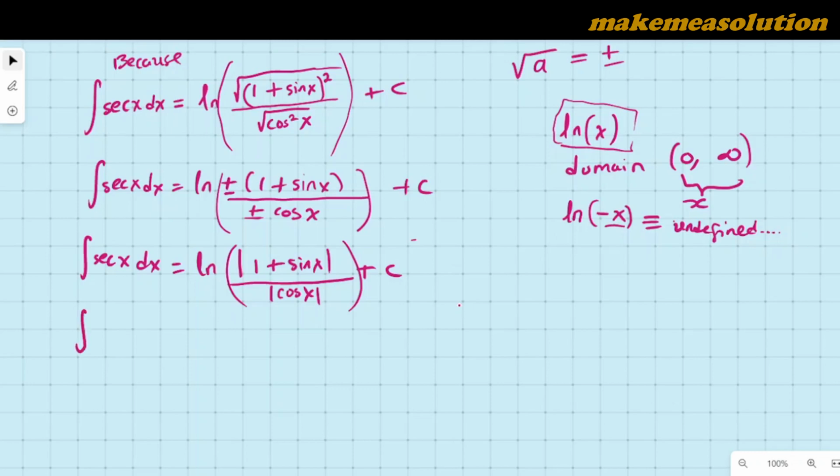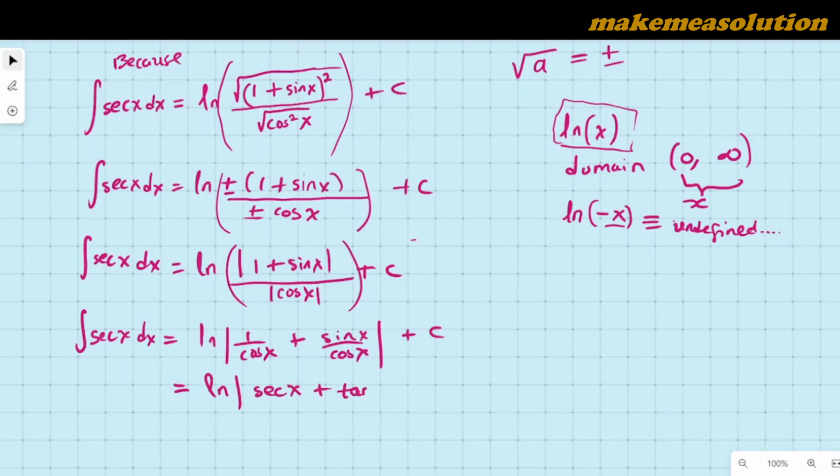So the integral of sec x dx is going to be ln of 1 over cos x plus sine x over cos x, all in the absolute value symbol, plus constant of integration, which gives me ln absolute value of sec x plus tan x plus c.